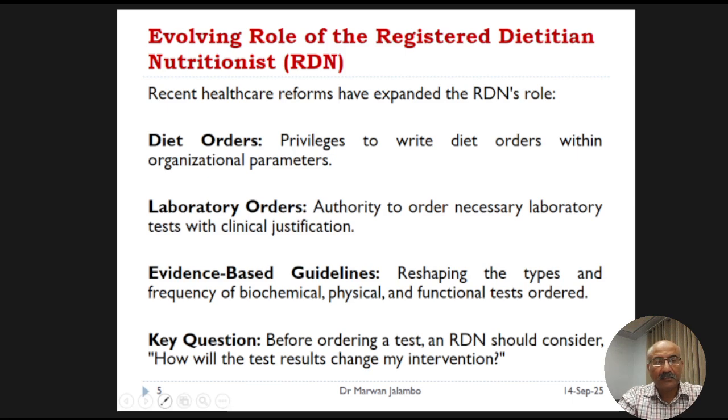The second, there is a major shift in how laboratory tests are ordered; they can justify the request with a clinical indicator. And third, the evidence-based medical guidelines are reshaping which tests are ordered and how frequently, as we take on these new responsibilities.